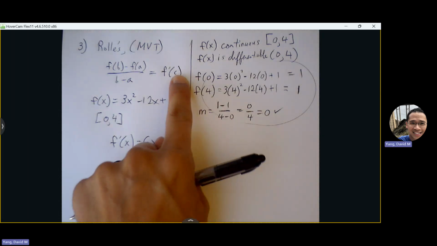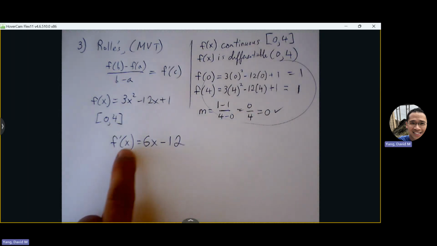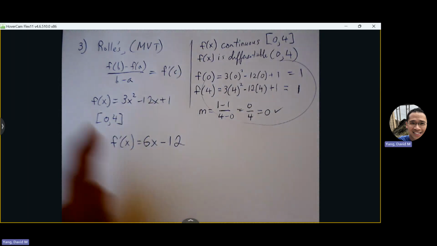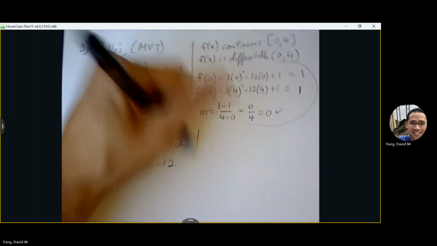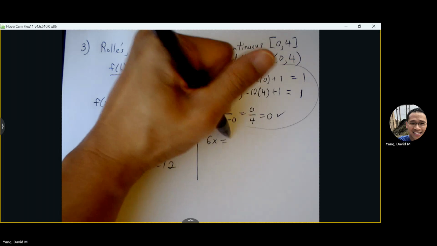Okay, I have my slope formula. I'm now asking the derivative to tell me where there is a slope of 0 on the curve. Solve for x.